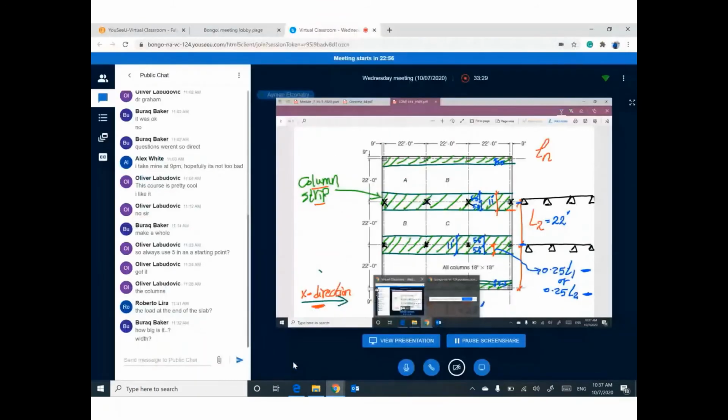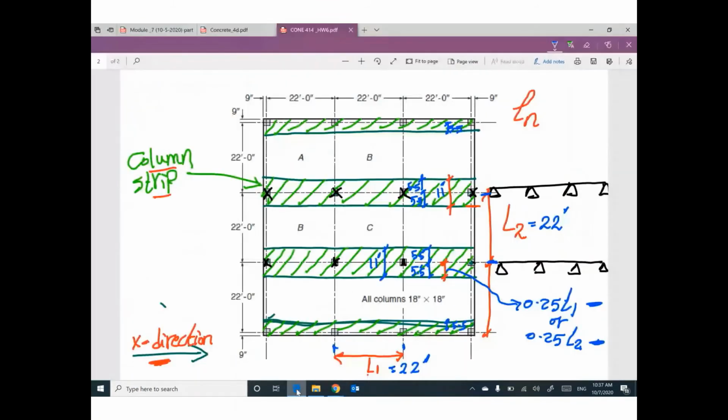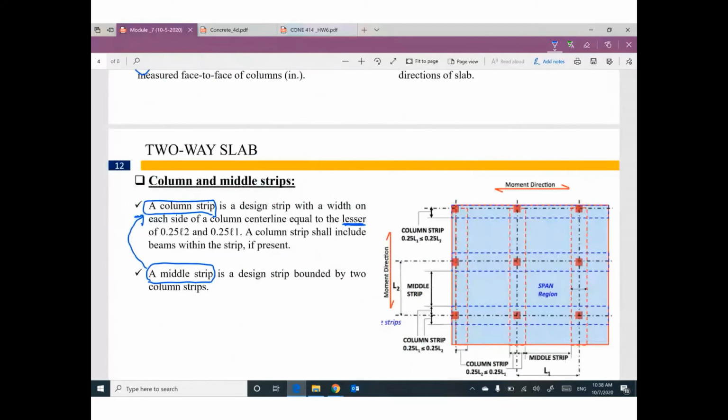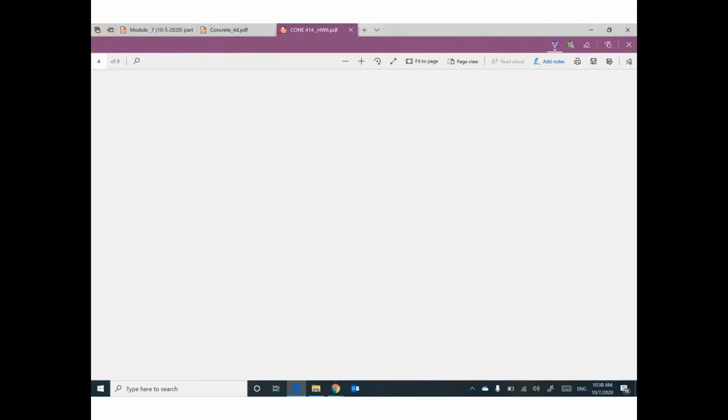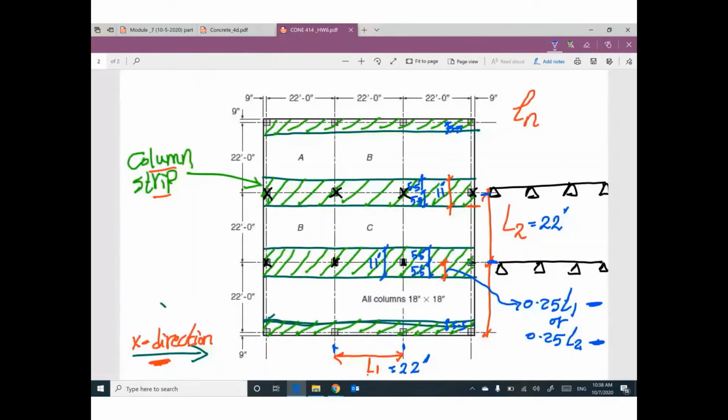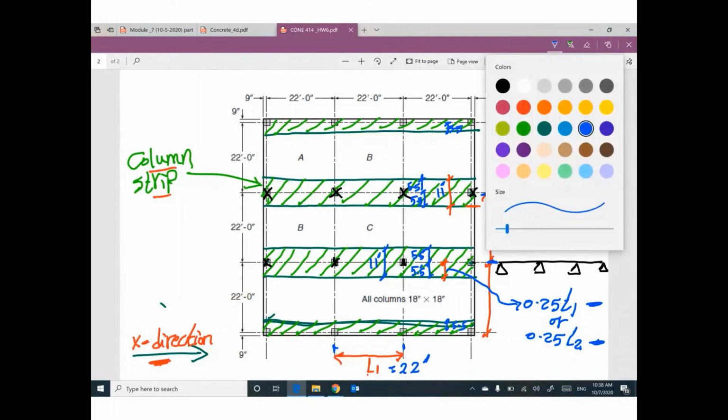Looks good. One of you will ask me, what about the second strip? We have another strip called middle strip. So how can I figure out the middle strip? You don't need to figure them out because you are done. The strip remaining between column strip and column strip can be called middle strip.